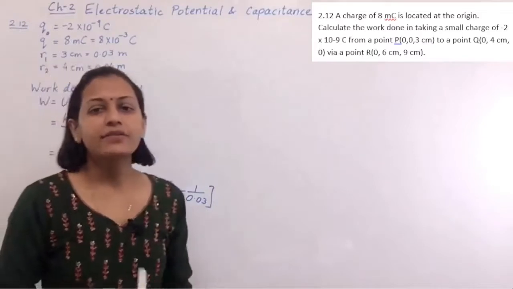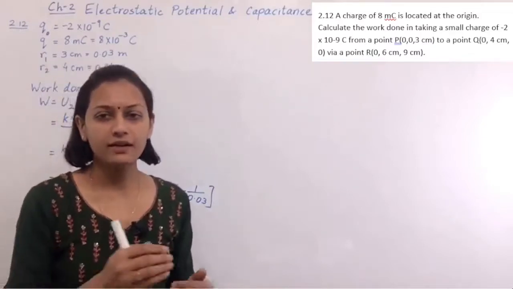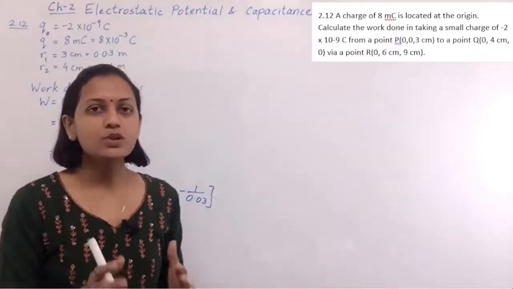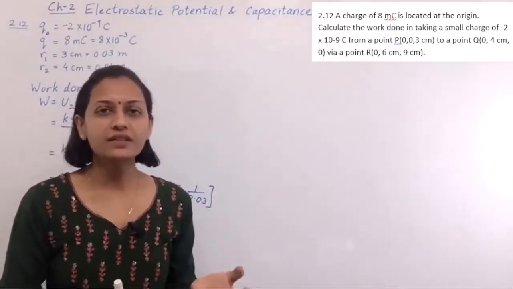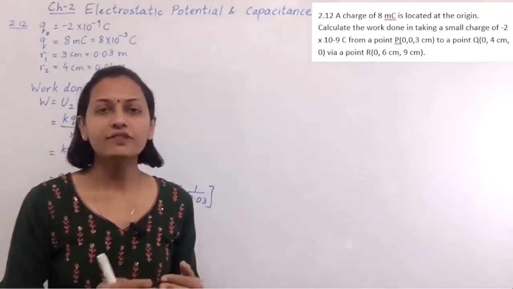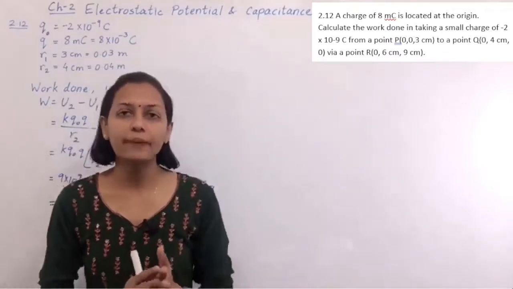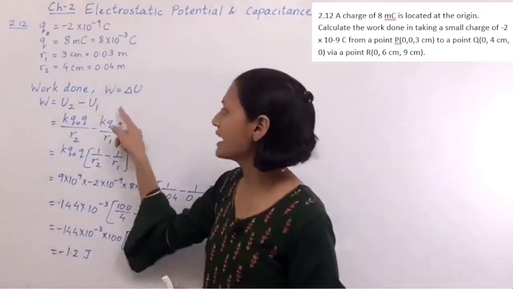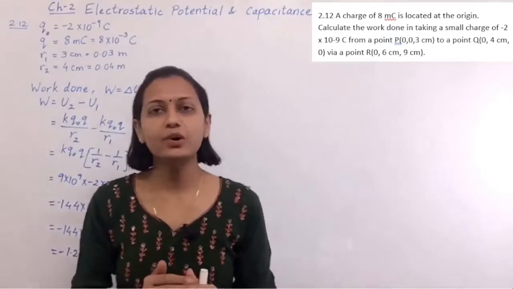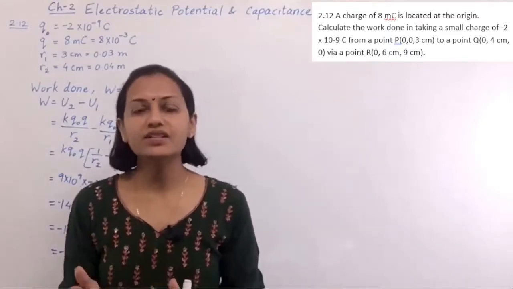Second thing, the charge is getting moved from one point to another via some point. So in the first theory itself of this chapter, we have seen that the work done, or the change in energy, does not depend upon the path. It just depends upon the final and initial position.